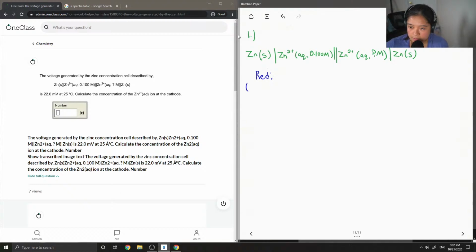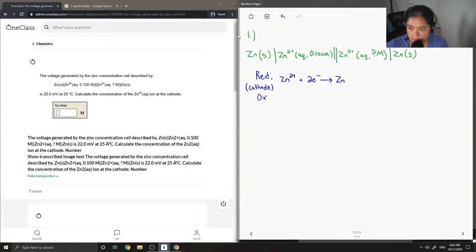So the reduction reaction happens in the cathode. And basically, this is when your zinc 2 plus is converted to the zinc solid, which is at the 0 oxidation state.